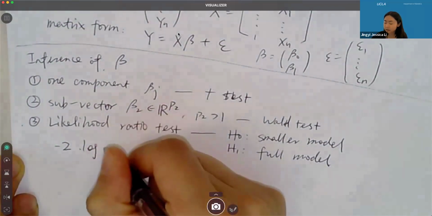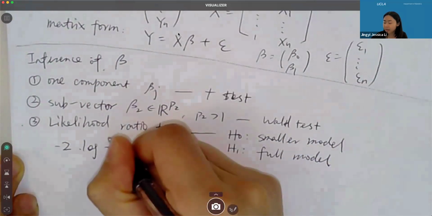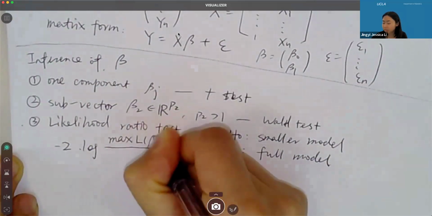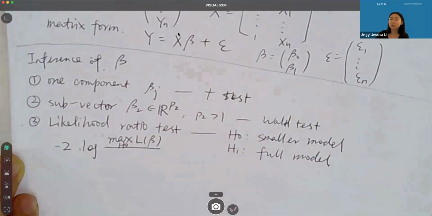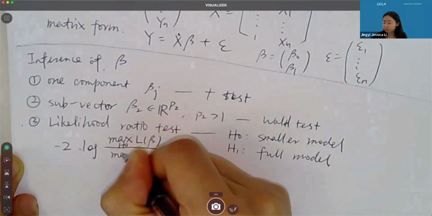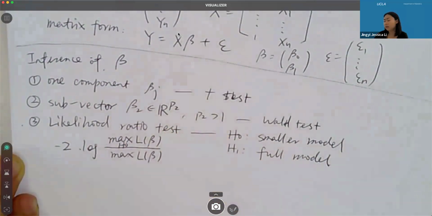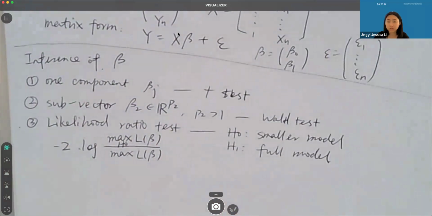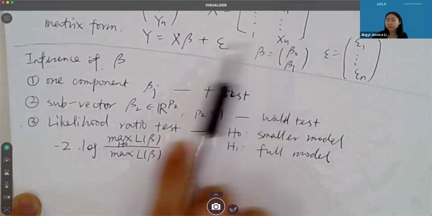And the likelihood ratio is the maximum likelihood under the null versus the maximum likelihood under the alternative, which is unconstrained.